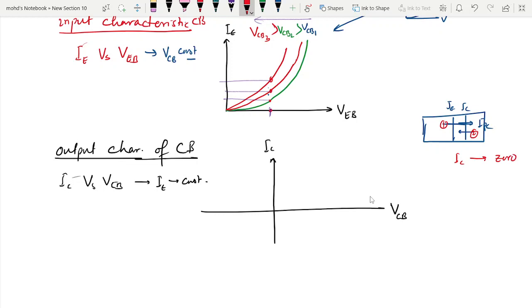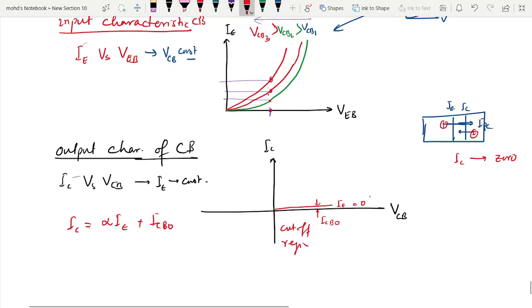As we know, IC is equal to alpha IE plus ICBO. So the region of the graph where IC is almost equal to 0 and IE is equal to 0 is called the cutoff region.